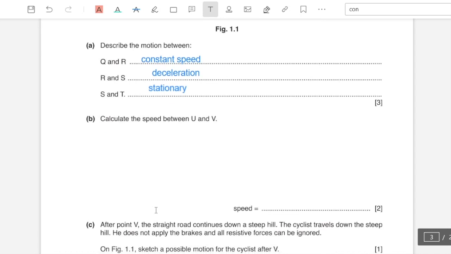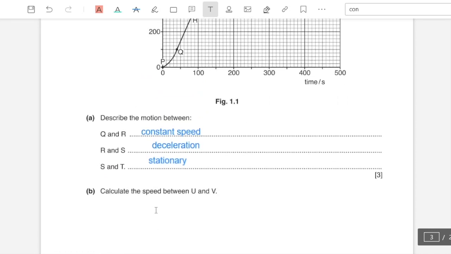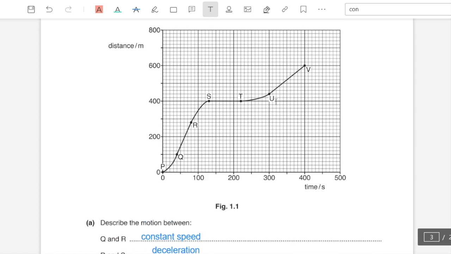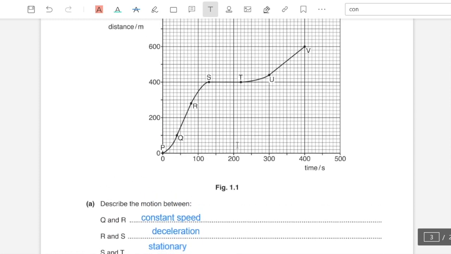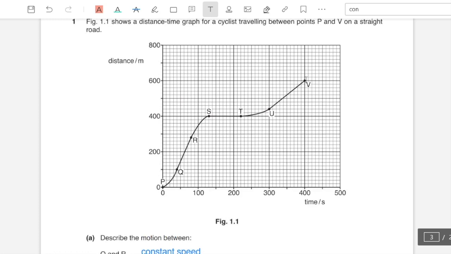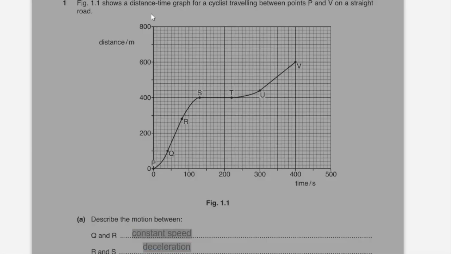B. Calculate the speed between U and V. Alright, so U and V, since we're not supposed to be calculating speed at a point but between 2 points, I'm going to be taking out the gradient between these 2 points, which is equal to y2 minus y1 over x2 minus x1.